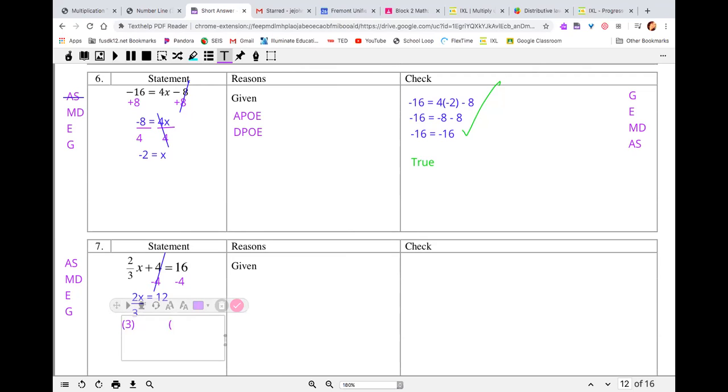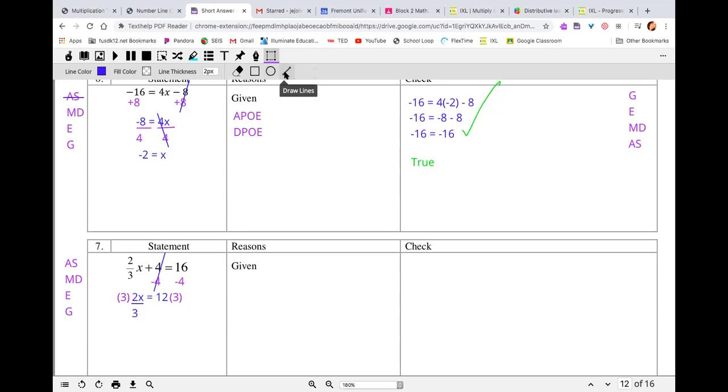I don't like it. Now that I'm timesing both sides by 3, what happens to the fraction? They cancel out. Yeah, they cancel out. So now these are gone.